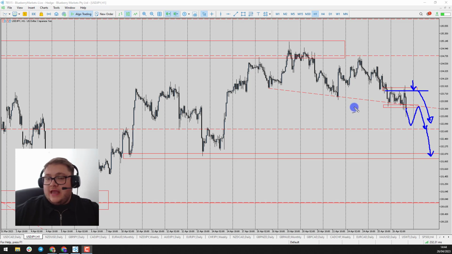Obviously the yen as well is an interesting concept at the moment. We've had a really big shift in the yen. We saw that sort of strength really evaporate recently. The risk mood has largely improved, so we do have to be a little bit careful here. There was some headline risk coming out. It is earnings season at the moment, especially for banks, so we're getting a lot of data out of that.